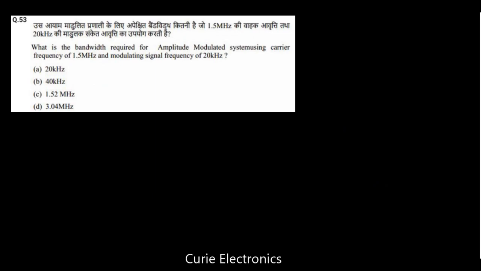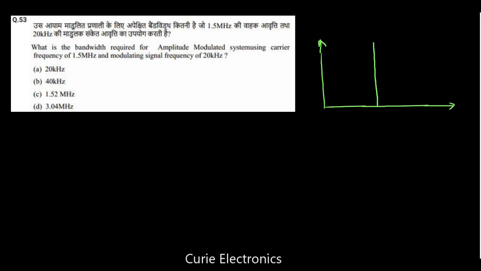What is the bandwidth required for an amplitude modulated system using carrier frequency 1.5 MHz and modulating signal frequency 20 kHz? How does the AM frequency spectrum look?